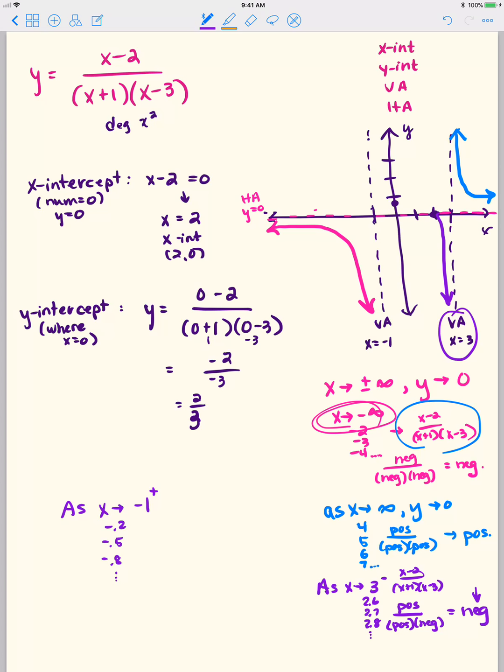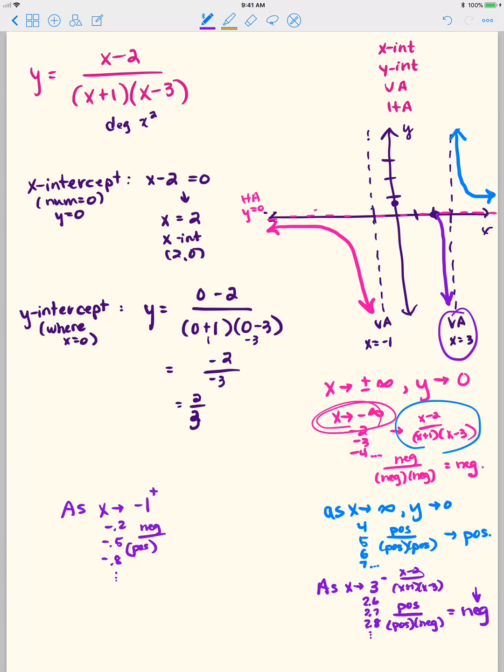What happens to the function values? So the top, the x minus 2, that'll be negative. The bottom, the x plus 1, if you do -0.2 plus 1, -0.8 plus 1, anything not -1, and you add 1 to it, you're going to end up with a positive number.